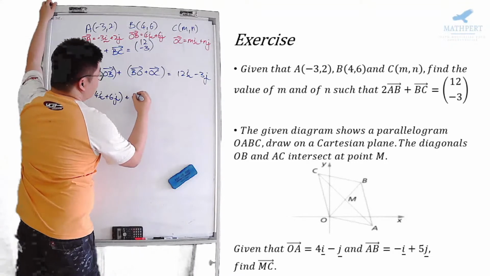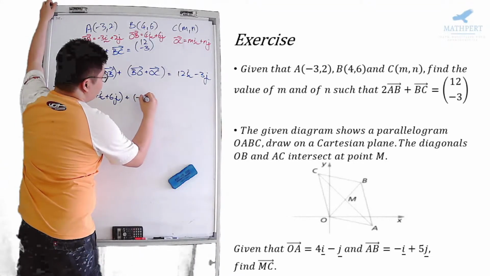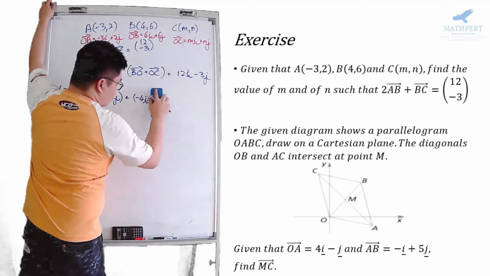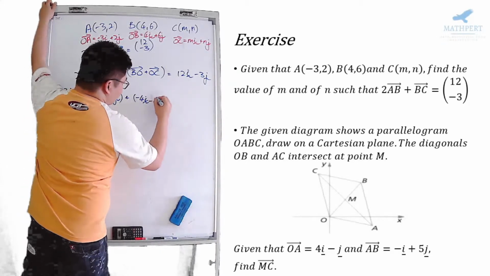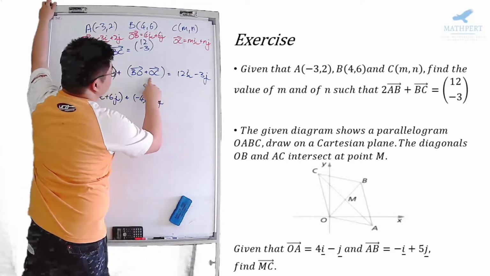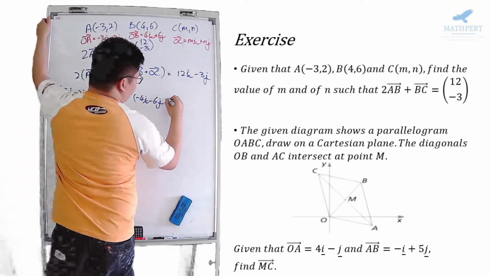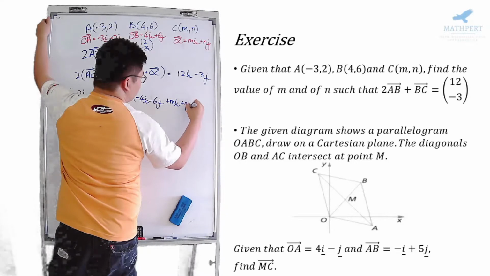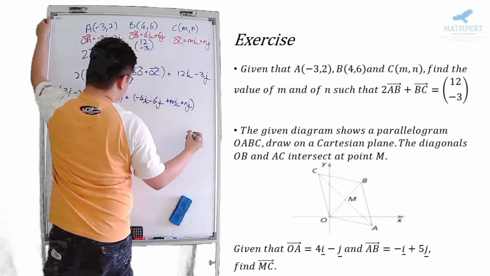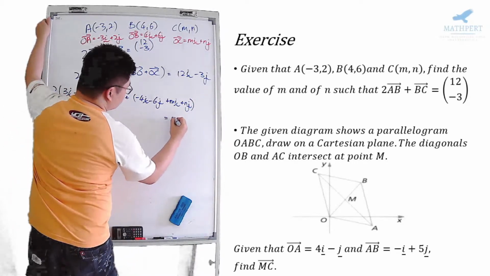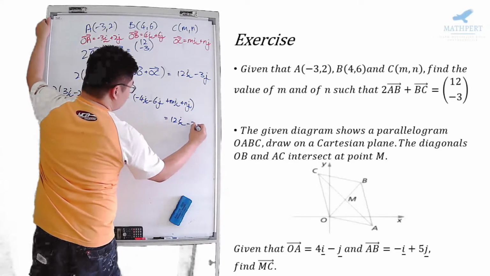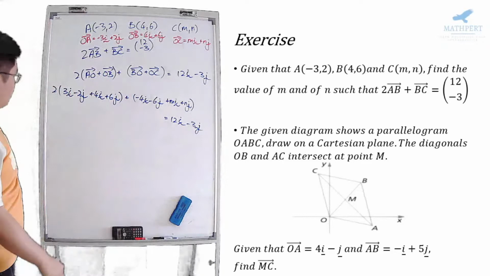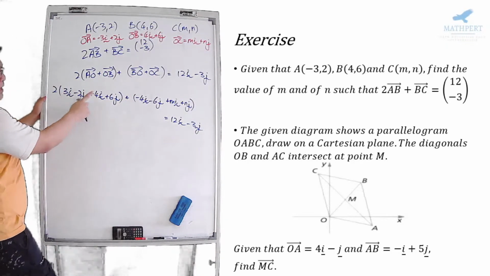So it is negative 4i, negative 6j. OC is plus mi plus nj, is equal to 12i minus 3j.